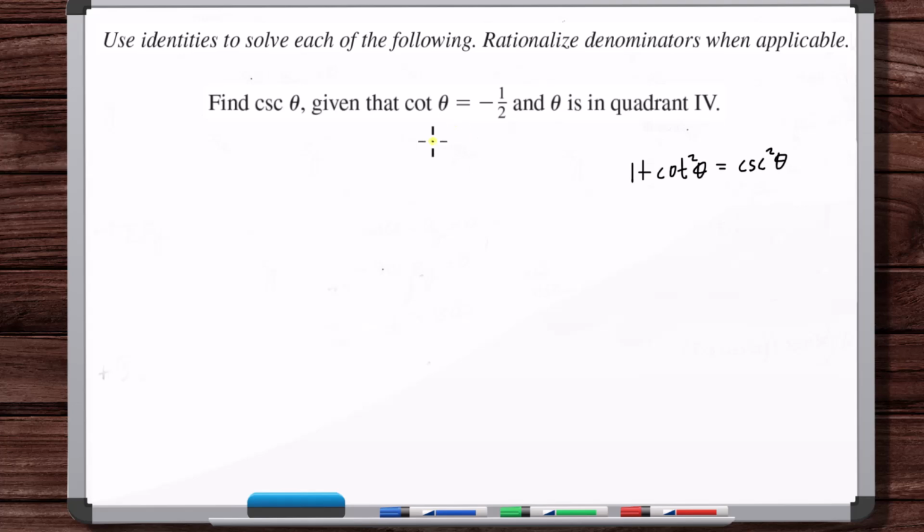Okay, so it tells us that cotangent is minus 1/2. So 1 plus minus 1/2 squared is 1/4, equal to cosecant squared theta. 1 plus 1/4 is 5/4.